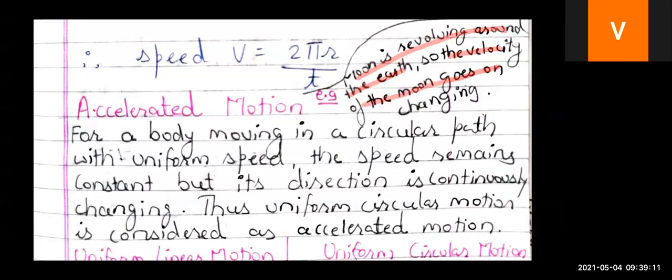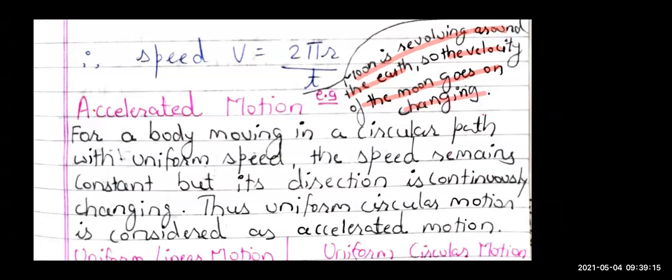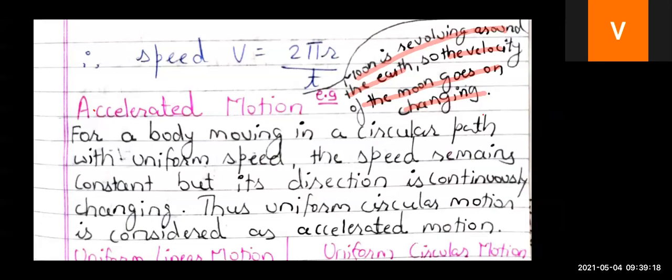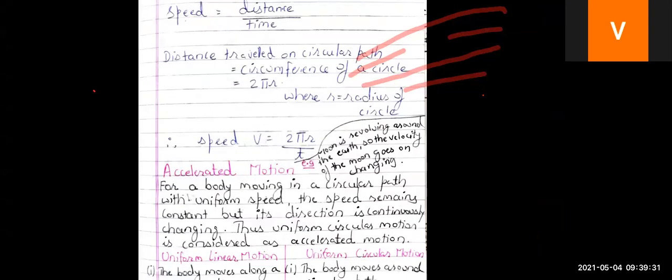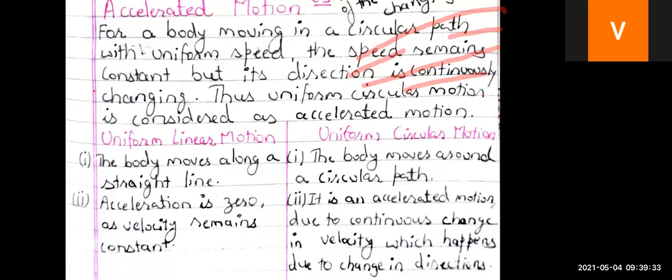So the velocity of the moon goes on changing, and so the moon's motion around the earth is also an example of accelerated motion. Okay, beta. Now let's see the difference between uniform linear motion and uniform circular motion.